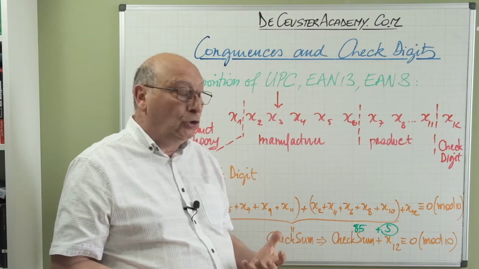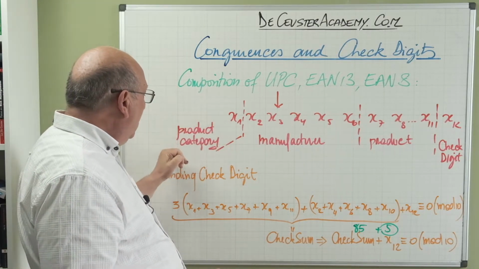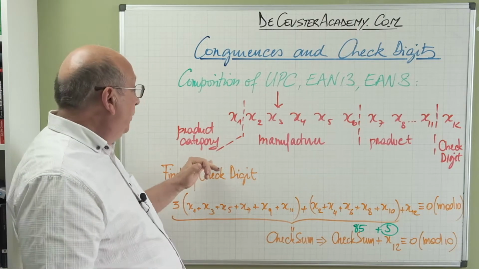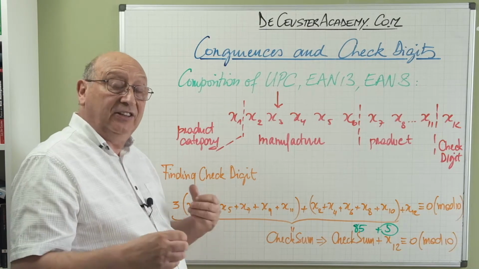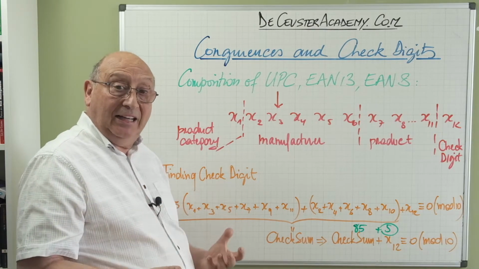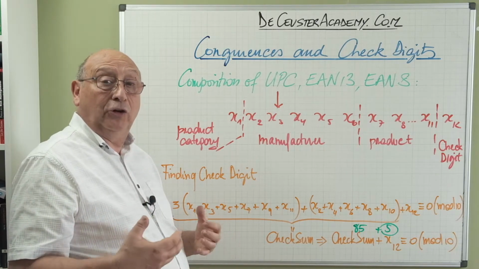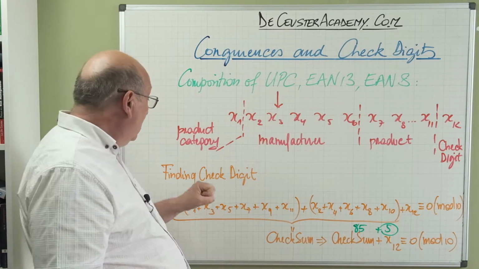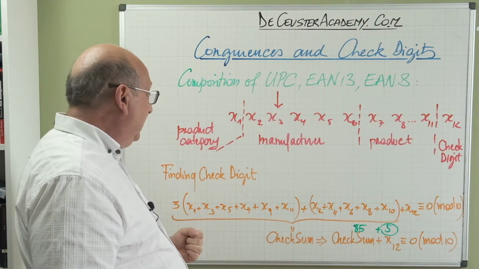Now, when we look at the standardization, how this is working, everything is built conform a specific algorithm, a specific rule. And for the UPC code, we first have the product category, specified according to the standard. Every product has a specific category. So when you're selling specific products and you want to have the UPC codes, you have to use the correct product category.